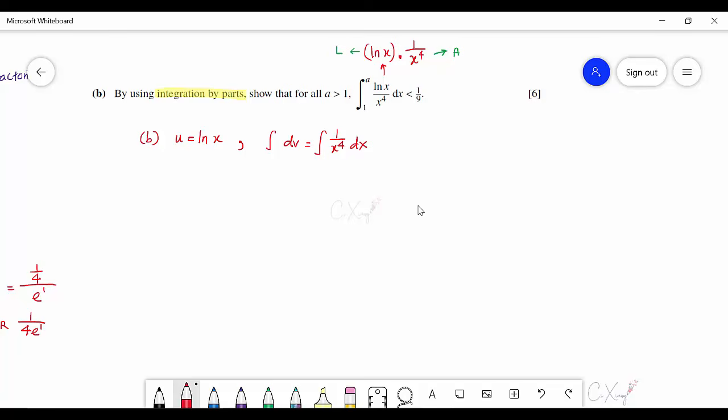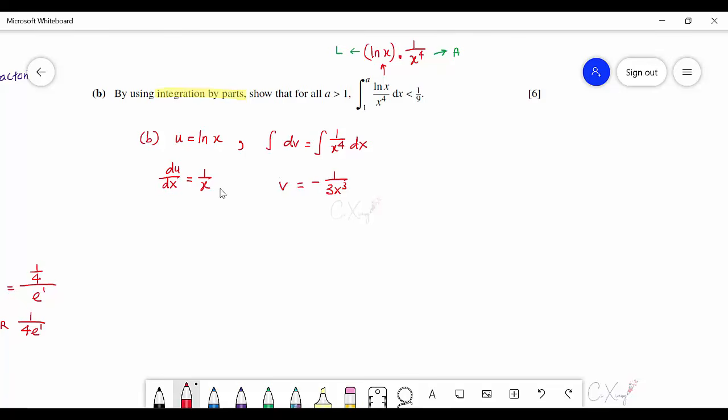For these two parts, you need to differentiate u, so you're having du dx equal to 1 over x. You need to integrate dv, so you're having v equal to negative 1 over 3x power 3. So this is the steps: one part you differentiate, the other part you integrate.